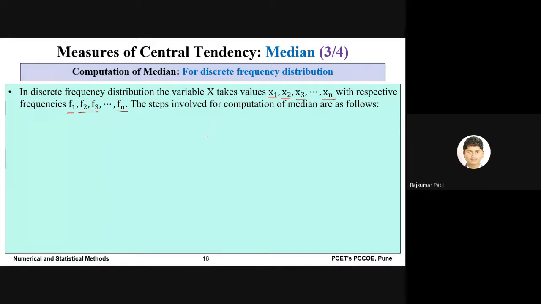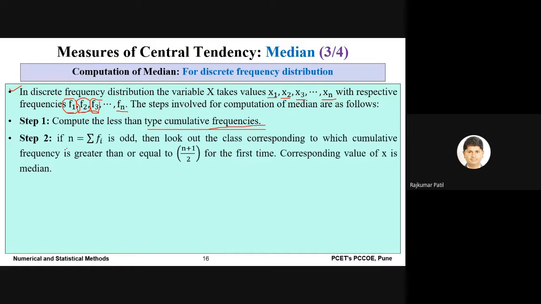This is the discrete frequency distribution. And what we do, we compute less than type cumulative frequencies. This step is very important. So the first one will be f1, the next value will be f1 plus f2, the third value will be f1 plus f2 plus f3, and so on. This is how we calculate the less than type cumulative frequencies.